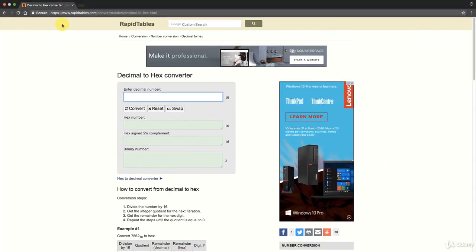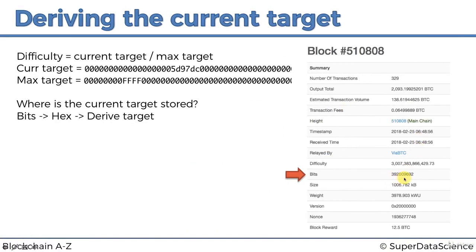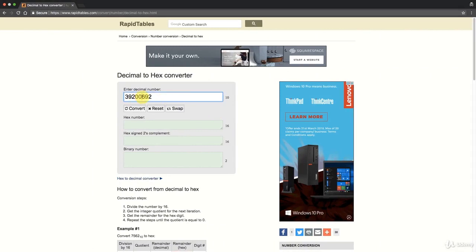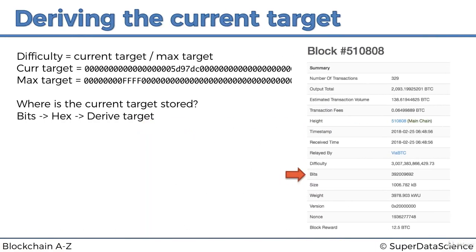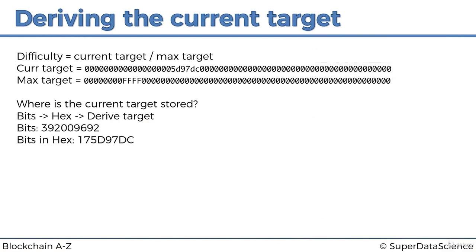All right, so we're going to go to a hex calculator and enter 392,009,692. Convert. There's a hex number. Okay, copy it. And well, we don't really need to because this is a slide. So there's our bits and there's our hex number.